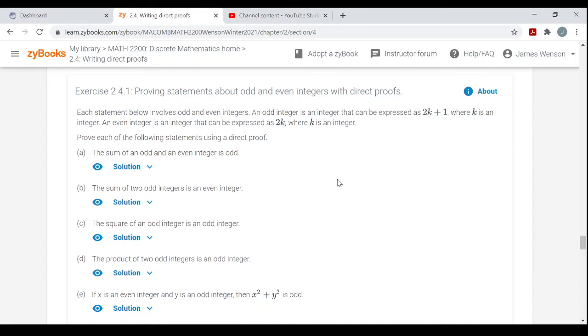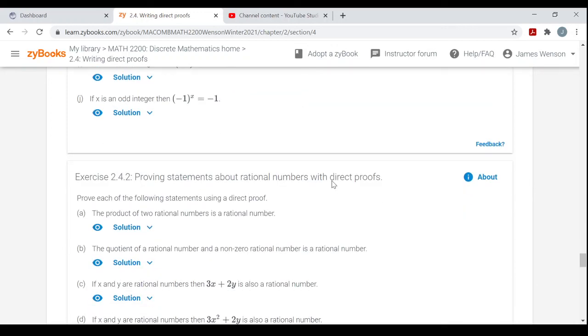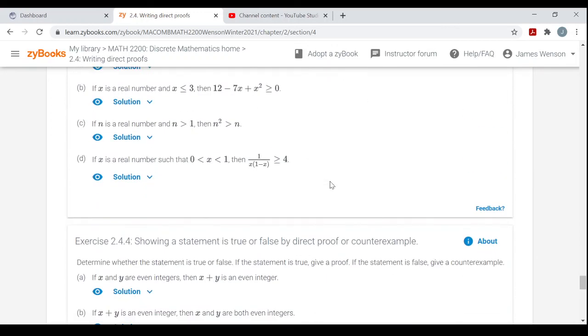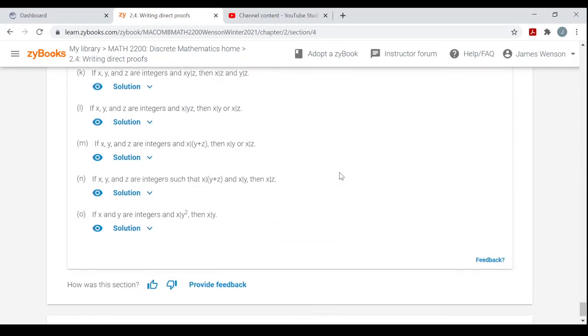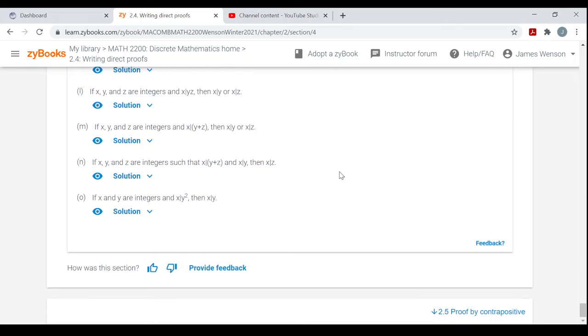You're not going to learn anything. I keep saying this. You're not going to learn anything if you just copy the solutions down. Try to write these proofs. Try to do these problems without looking at the solutions first. And I would also recommend that you try to do all the problems, even the ones I don't assign. There are a lot here that I didn't assign. And if you have questions on those, let me know.